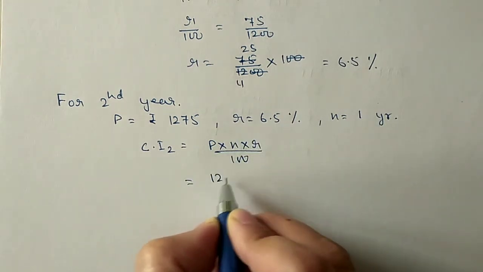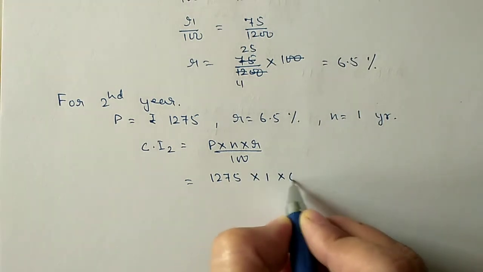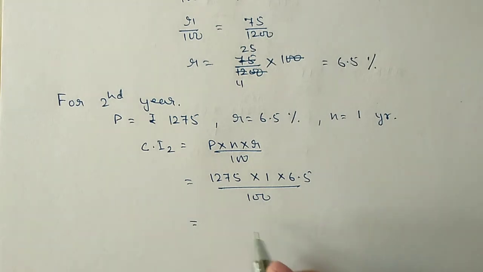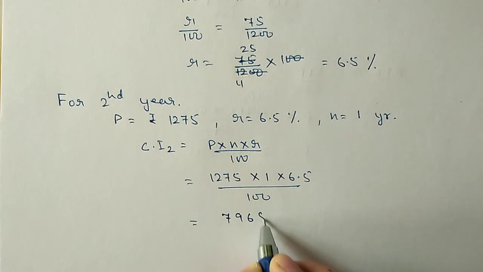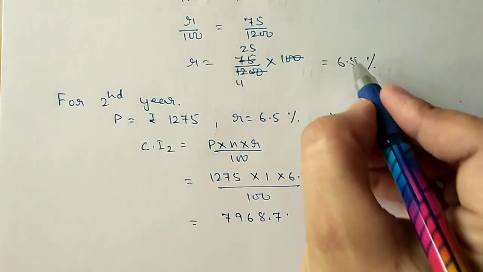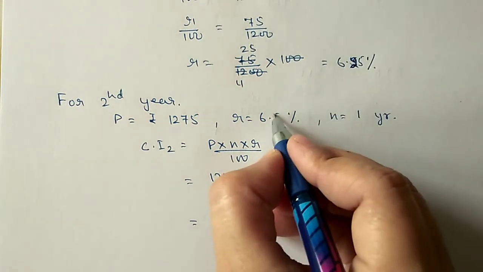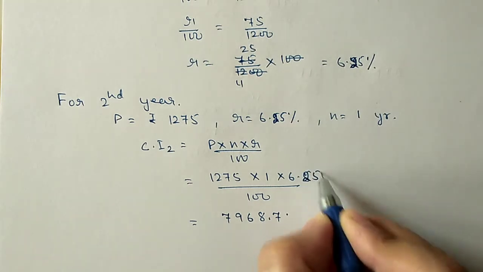So the principal money is 1275 rupees. 1 into 6.5 divided by 100. After multiplication we will get 7968.75. Sorry, this is 25.25 we will get here, 6.25, and here also 6.25.